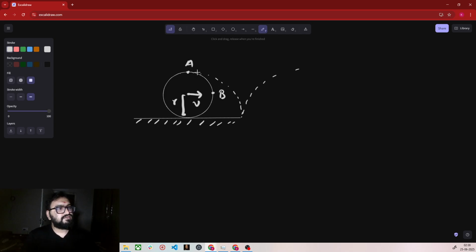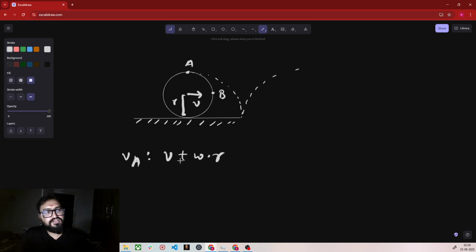So let us try and find out the velocity of the particle at point A. What would it be? The velocity at point A will have two components, right? The first one would be the transverse component, which is v plus omega into r.